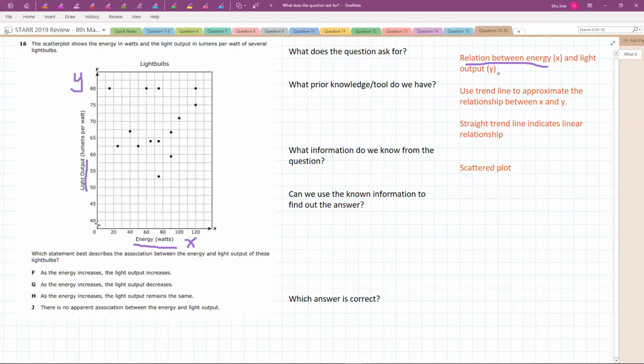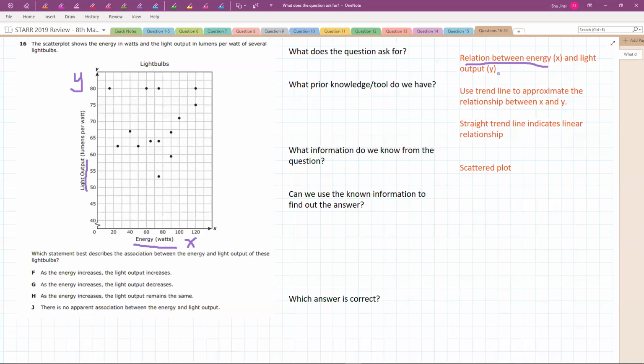So look at this scatter plot. What prior knowledge do we have about scatter plots and the relationship? We have done a similar question. It is question 13, so I recommend you check question 13. You can click on the top right corner of the screen to check it.